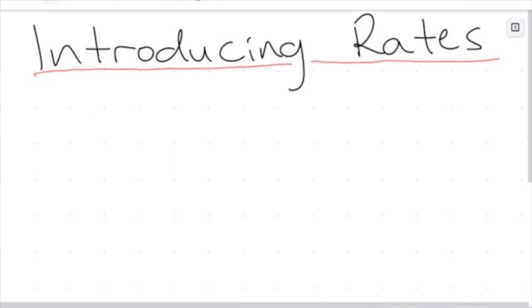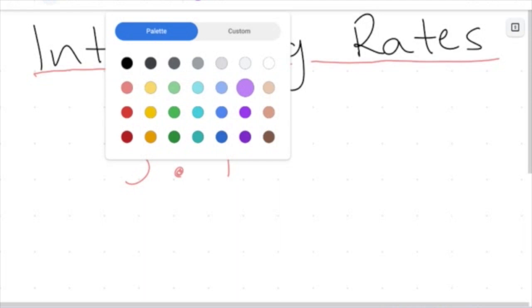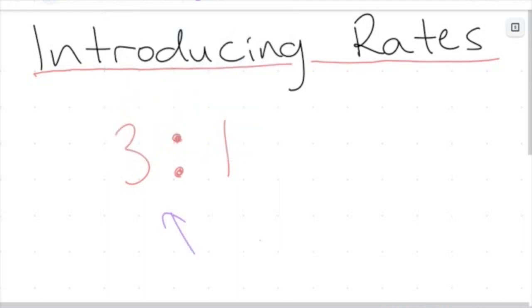And a lot of the time, well, pretty much all the time, we were dealing with the same units. So when we talked about, for example, the ratio of 3 to 1 for our cordial, the things here were measured in the same units because we had just three glasses of one thing for one glass of another thing.